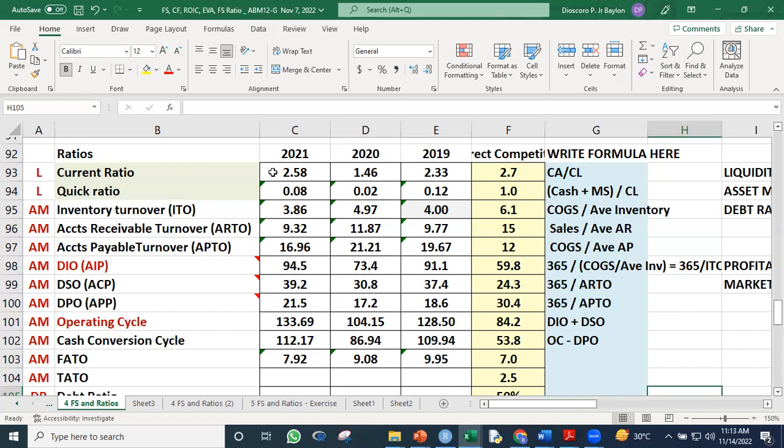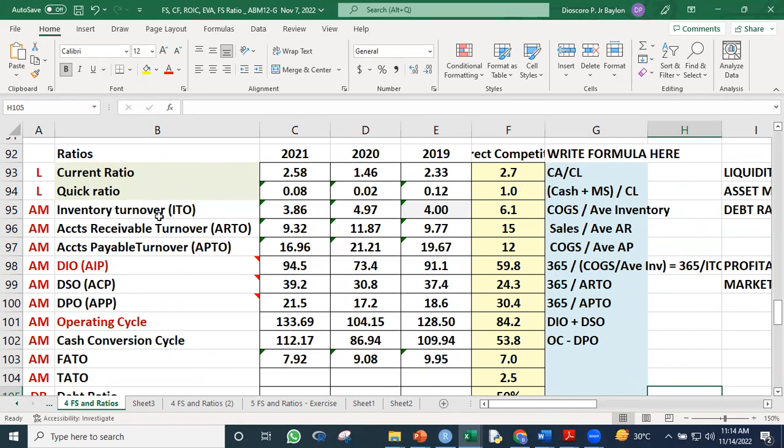So if the company, let's say, is very poor in terms of FATO and very high in terms of current ratio, perhaps it's suggesting that the company is heavily invested on current assets and lacks investing in fixed assets or property, plant, and equipment or machinery. So we don't look at ratios in isolation. Usually we look at it in tandem. We look at it holistically.